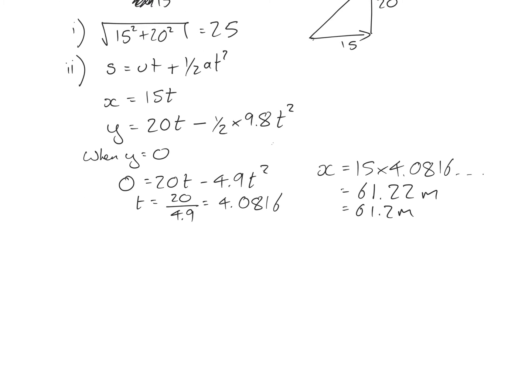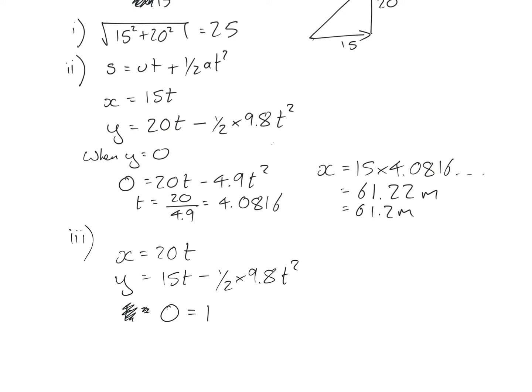Then it says part 3, show that the range is the same if the initial velocity of the ball is 20 meters per second in the horizontal and 15 in the vertical. So we're going to do exactly the same thing, but this time x equals 20t and y equals 15t minus a half times 9.8t squared. So 0 equals 15t minus 4.9t squared.